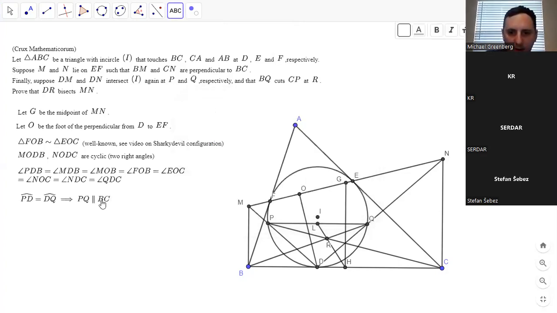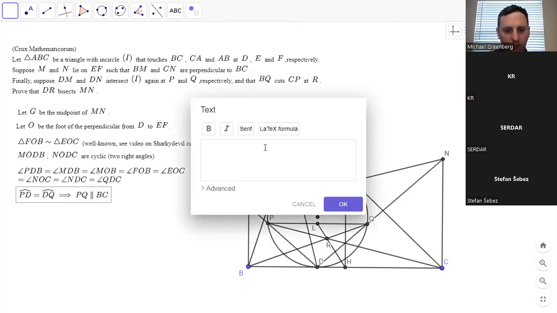Then let L be the midpoint of PQ, so I, L, and B are collinear.